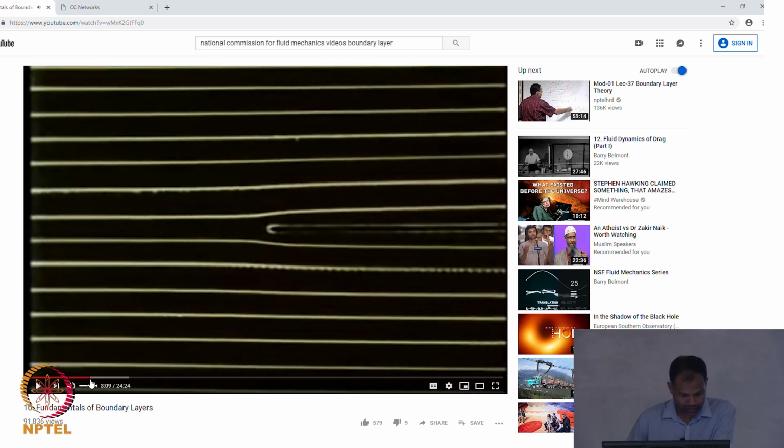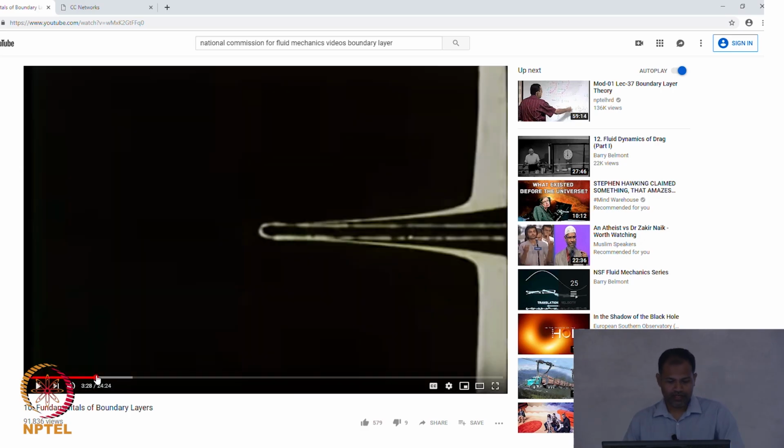Now what they do is they will actually move the camera along with the band, so then you can see much more downstream. You can see that now. Maybe the next shot. There.